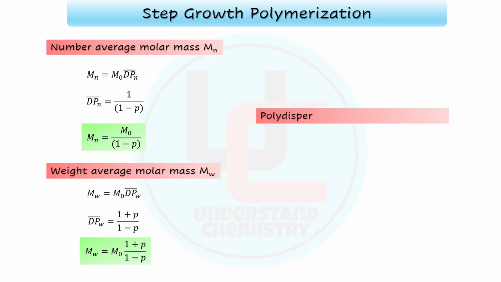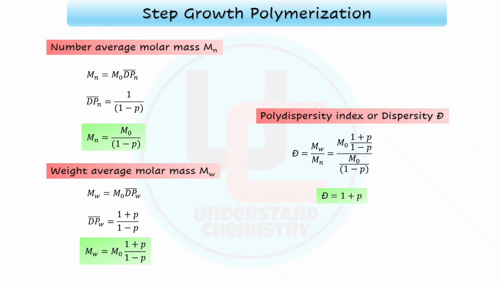Finally, the polydispersity index or dispersity, which quantifies the breadth of the molecular weight distribution, is the ratio of these two averages, which simplifies to 1 plus p. Thus, as the conversion p increases, both Mn and Mw rise dramatically, and the PDI approaches 2 when p nears 1, indicating a broader distribution in chain length.